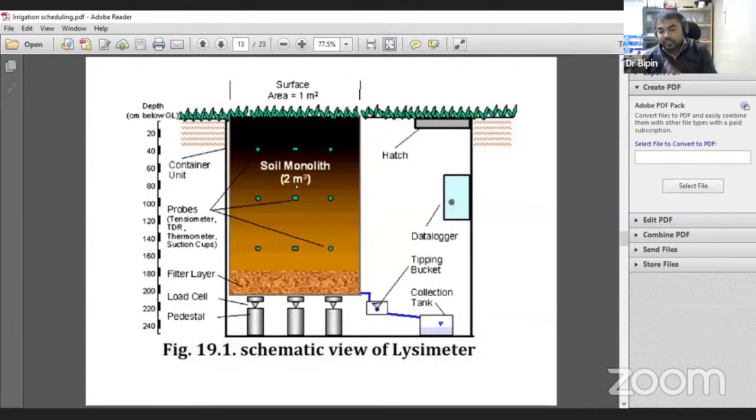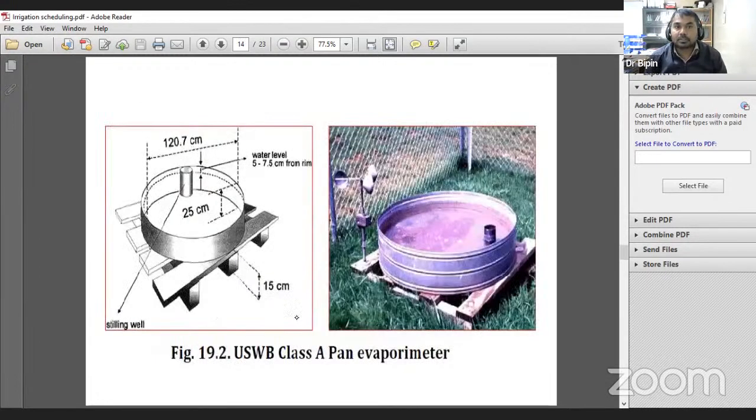Because we extract a profile from your own field, dig the hole and fit that drum inside, and arrange things so that we can measure the weight variation because of the addition of water and increment of biomass. This will help you determine evapotranspiration from an area. So potential evapotranspiration you can even estimate through this lysimetric method also.